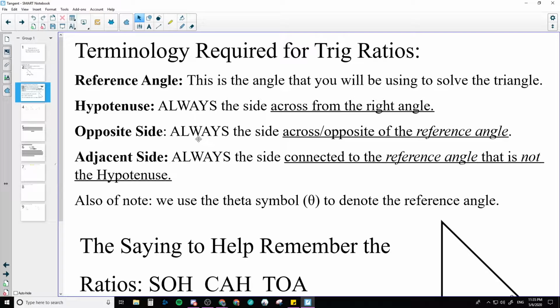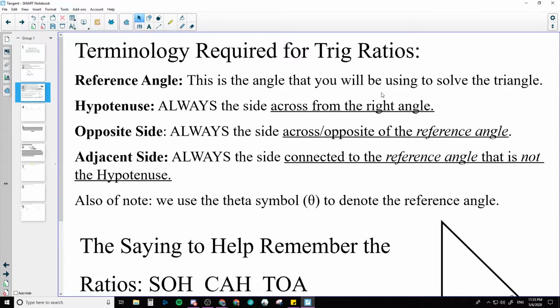When it comes to terminology, there are a few different things. One of these you've seen before, and three are probably new to you. So the first one is the reference angle. This is the angle that we're going to either use to solve the triangle or the angle that we're going to be solving for. We're not going to worry about that second type of question just yet. That'll be what we do at the end of the unit. For now, we're going to be using the reference angle to solve the triangle.